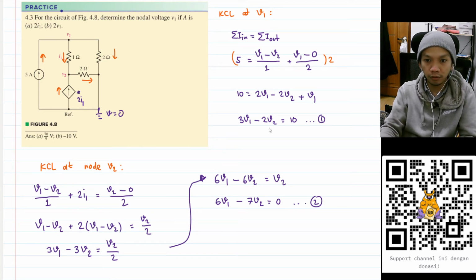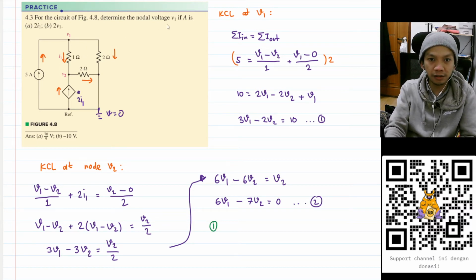Okay, so now I will just rewrite equation number 2 and equation number 1, because we are asked to find V1. I think we can just eliminate that V2. In order to eliminate that 7, I need to multiply equation number 1 by 7.